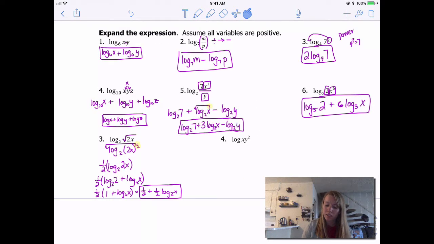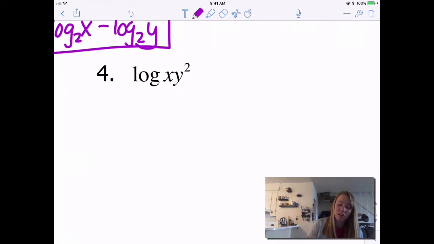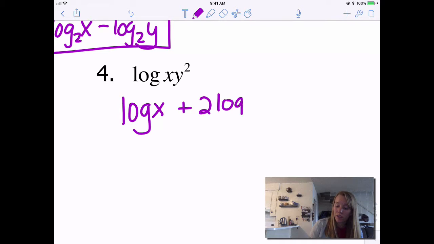In fact, it's very, very similar to number 1 and number 6 put together. Okay, so maybe pause the video and try this. But this is log x plus 2 log y. Think, since this is multiplication, I write my log twice, and I'm combining with a plus.